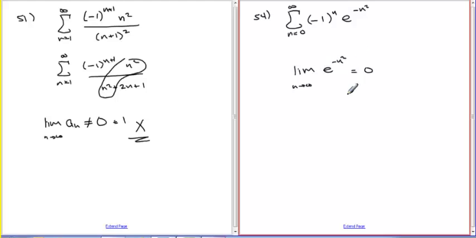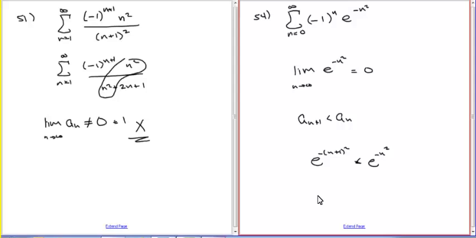Then the second question is, is a sub n plus 1 less than a sub n? And the answer is yes. If you were to put in n plus 1 here, is that going to be less than e to the minus n squared? So what you'd have is you could break this way.